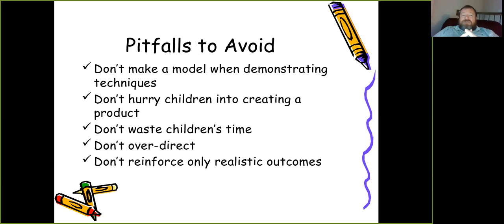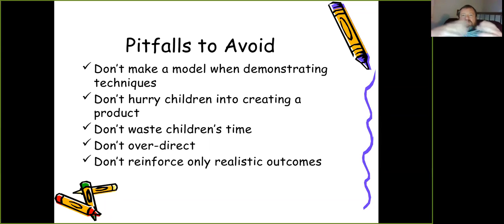Some things to watch out for. One is making that model when you're demonstrating the technique. Two is, well, we need to hurry along here, and so you kind of try to push them through it. Another is we sometimes waste their time because we don't have our materials ready. And so they may be ready to do things, but we aren't.